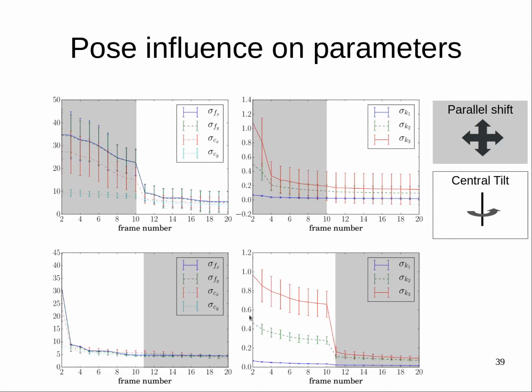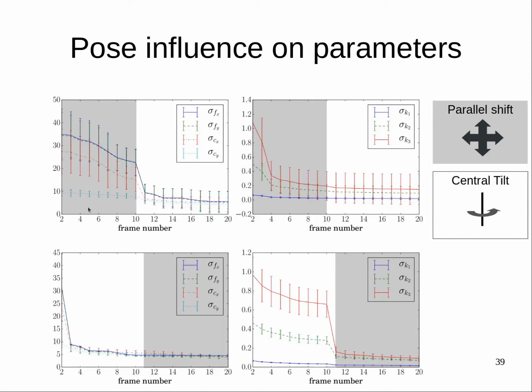So what does it tell us? It says that the two parameters show complementary behavior to each other. So while for the intrinsic parameters, we need the tilt to drop it significantly, or like here, for the radial distortion coefficients, we need the shift, which again is bad for the intrinsic parameters.